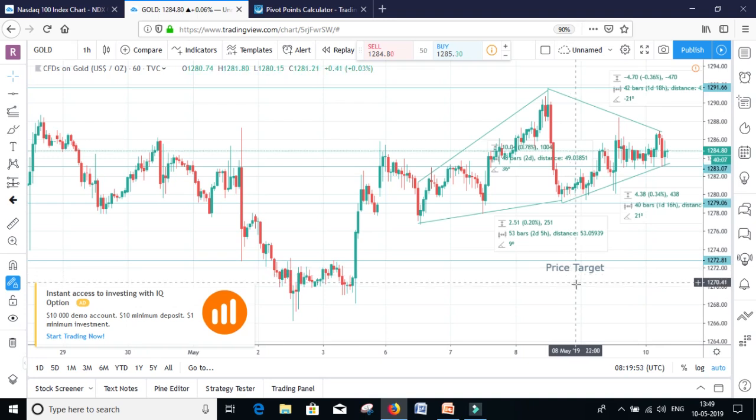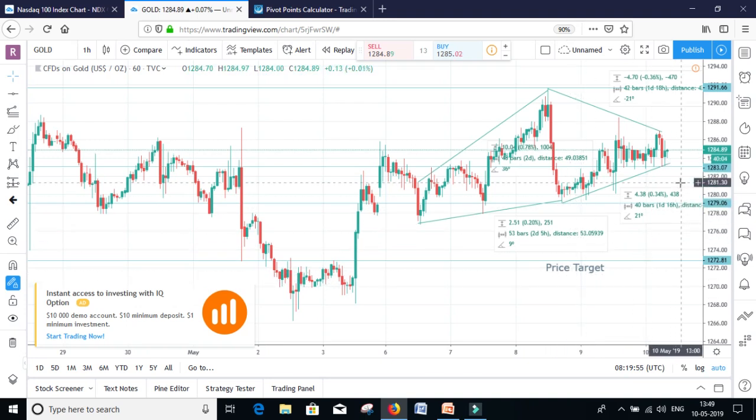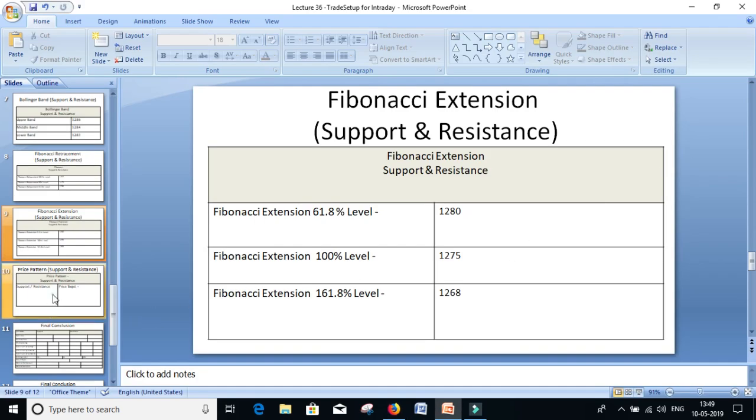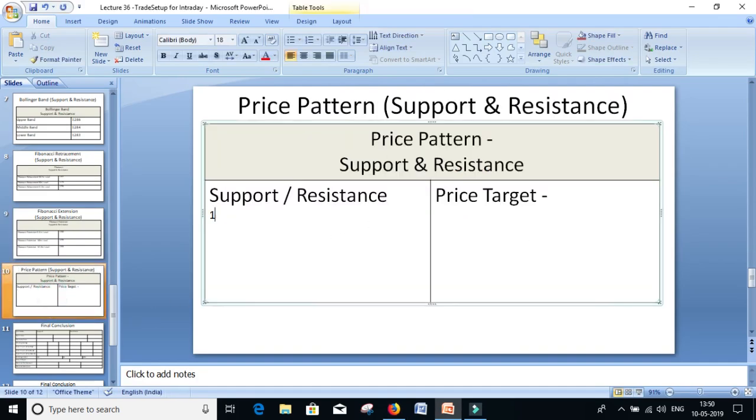So 1283 will be an important support level, and if the price target comes, it comes to be 1272. You can easily get 1272 levels once the price breaks.